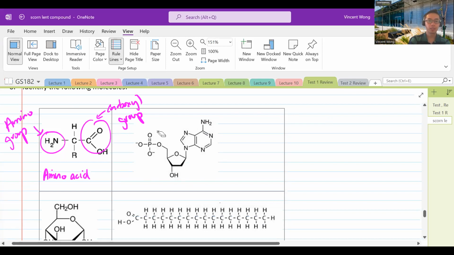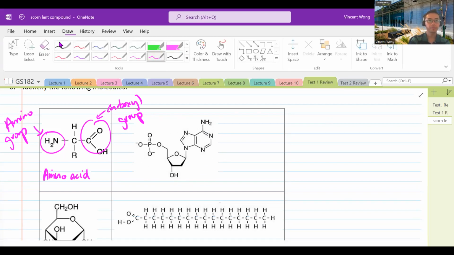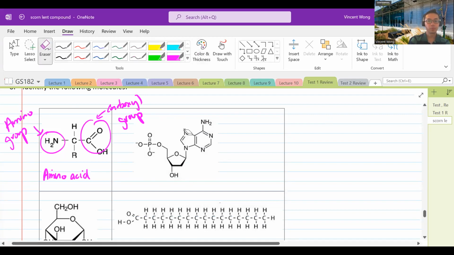And what about this? What is this? Anyone? Anyone recognize what this is? Nucleic. That is the nucleic acid. Very good. But specifically, it is a nucleotide. Okay, so very good.